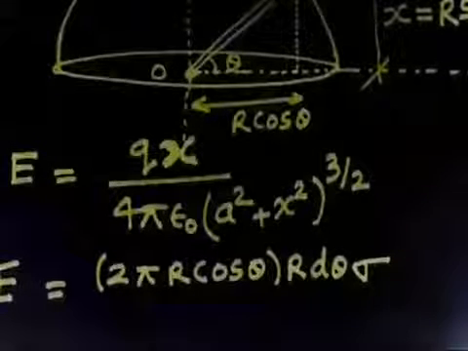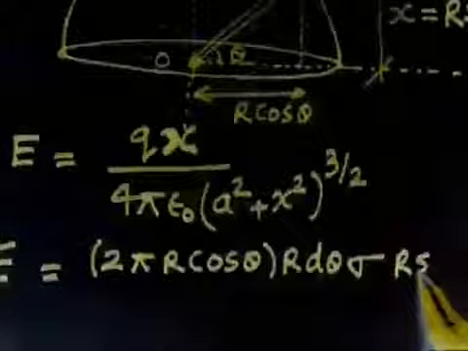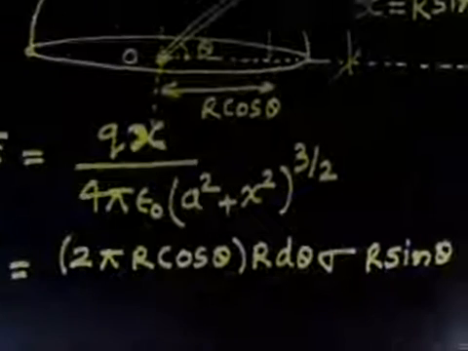If I multiply by sigma, this will give me q. What is x? That is this perpendicular distance, r sin theta.